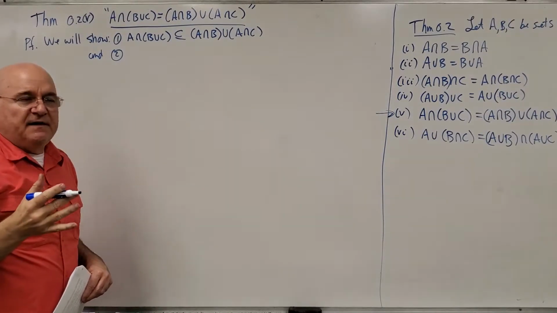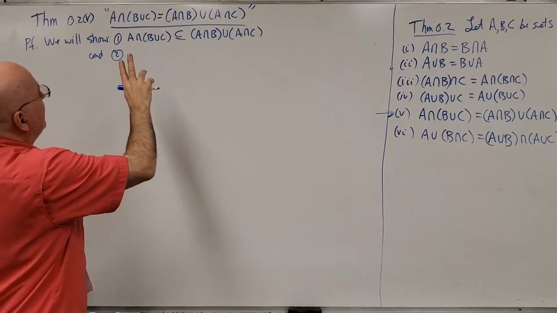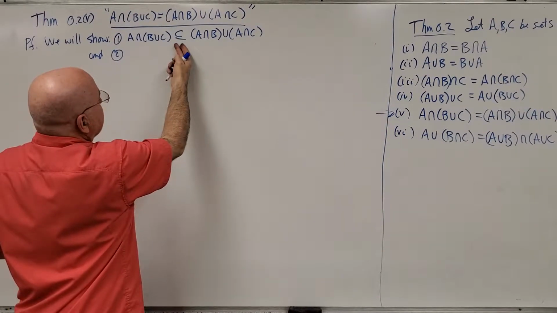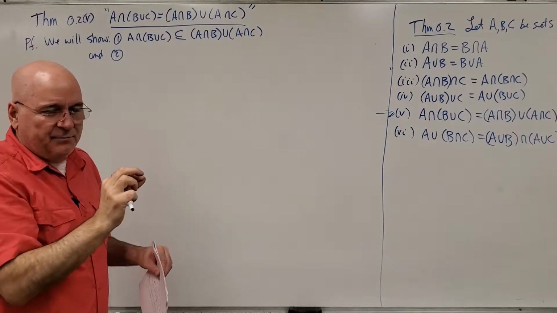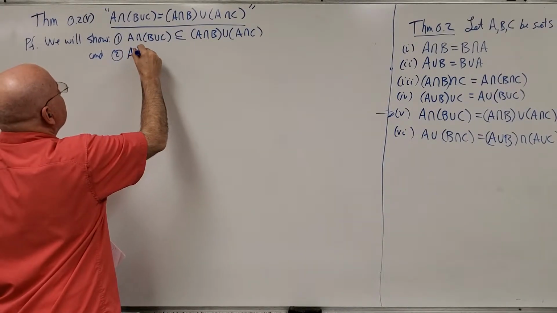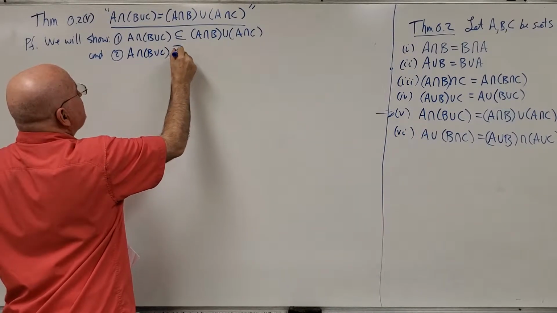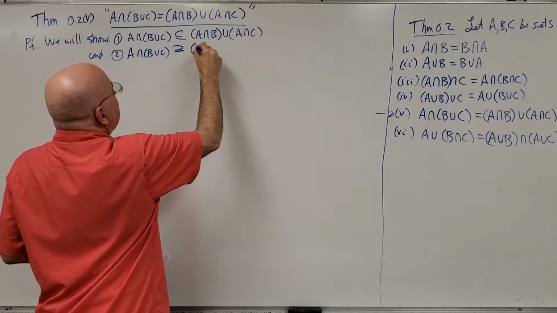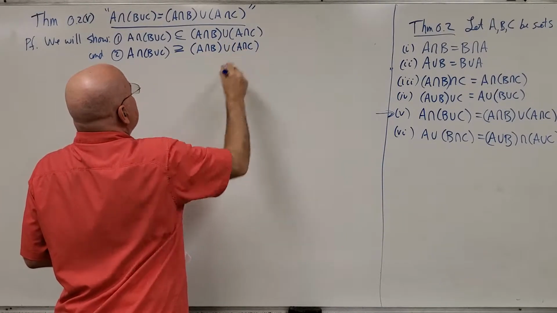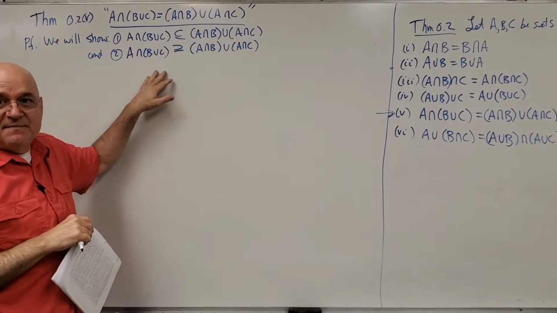And I'm going to give you a little bit of exposure to another way of writing this. A subset can be written the other way as well. I just want to expose you to that symbol because you may see it in the textbook. So I'm going to write A intersect B union C, and then the backward subset, A intersect B union A intersect C. So number two means the right-hand side is a subset of the left-hand side.